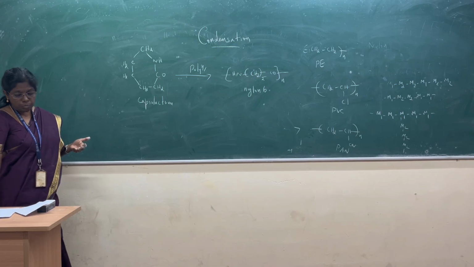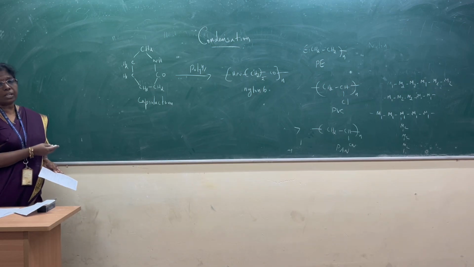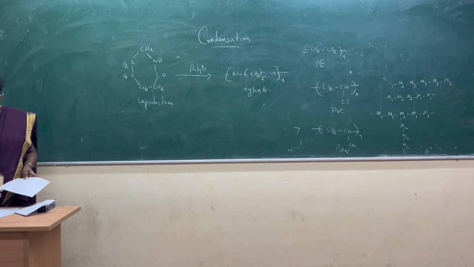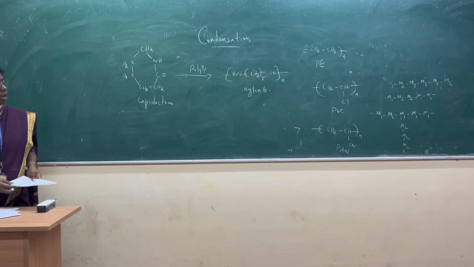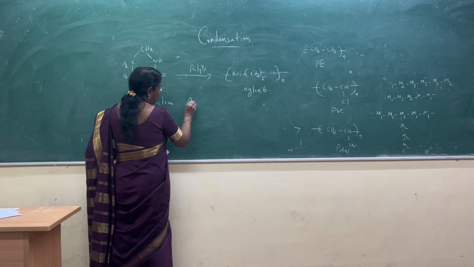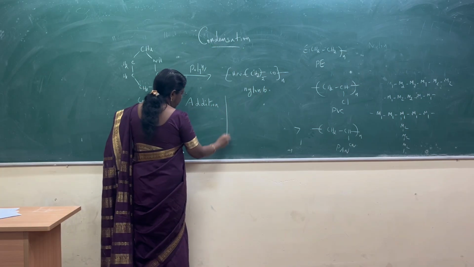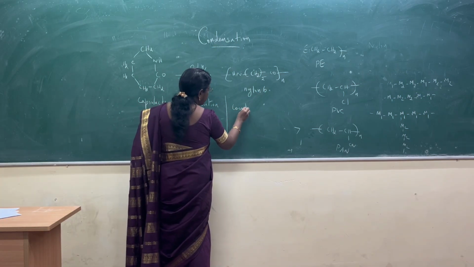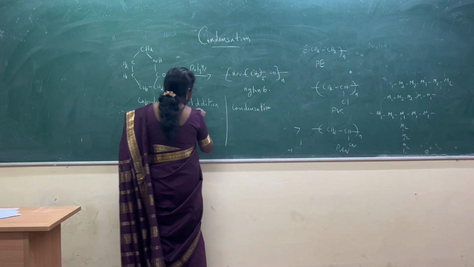And what is the difference between addition and condensation polymerization? Addition polymerization is chain growth polymerization, and condensation polymerization is called stepwise polymerization. So for that you have to take a comparison, or differentiate, for addition and condensation.